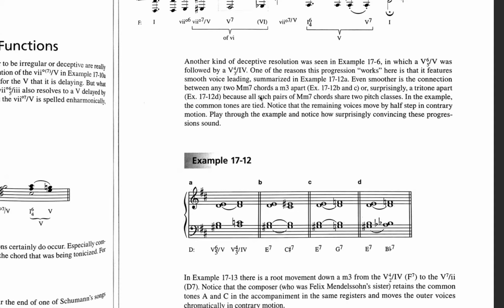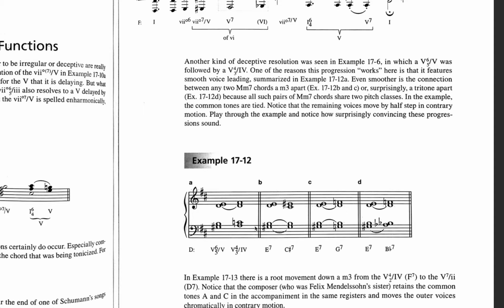another way of making a deceptive resolution is whenever you have a dominant chord, which is a major chord with a minor 7th, and between them is a mediant relationship, so a relationship of a third. So for example, here we have either a third above or a third below. It can be a major or minor third. So for example, here, the chord of E7.